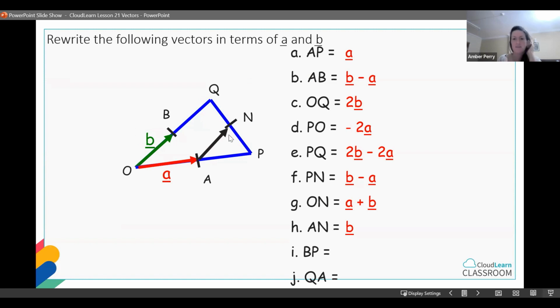So it does make sense that it would be B. Although it looks like a much longer path, the actual vector only represents going straight from A to N.